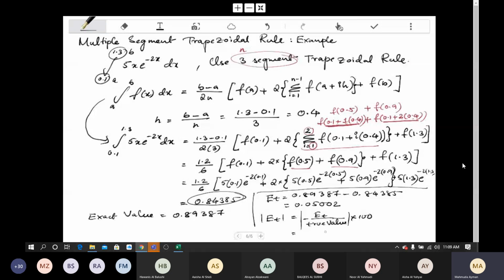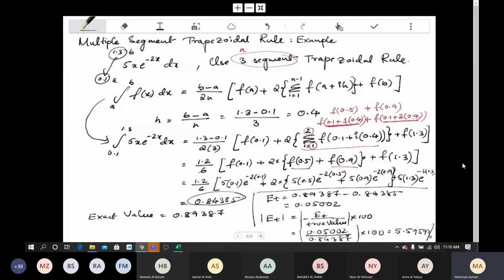So that is 0.05002 divided by the absolute value of 0.89387, times 100, which is equal to 5.5959%. So our error also reduced.